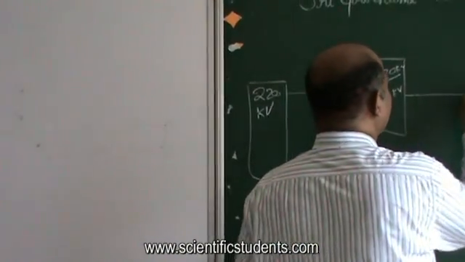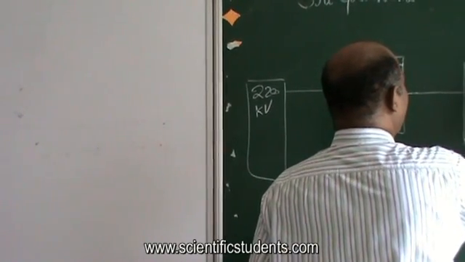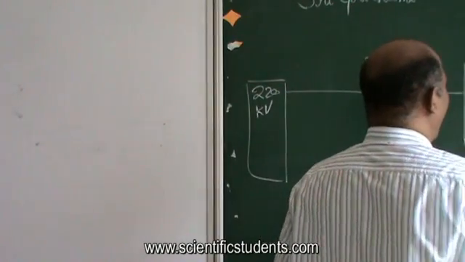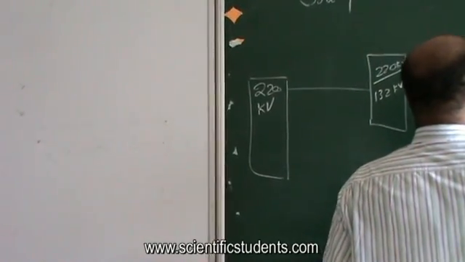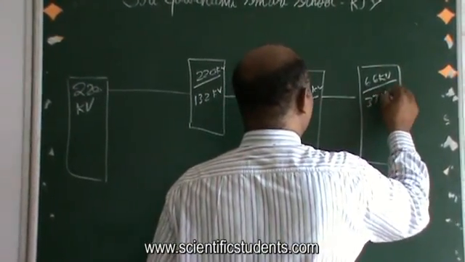Somewhere after that there is a further step down from 132 kV to 66 kV, and then once again 66 kV goes to a further step down to 33 kV.